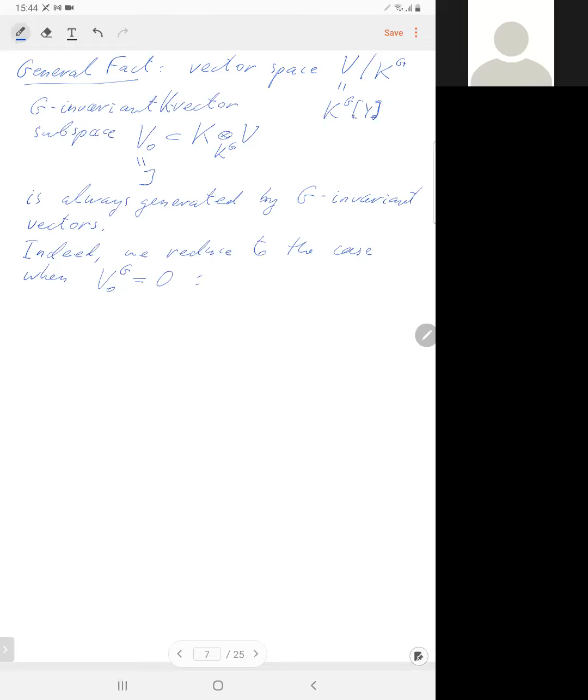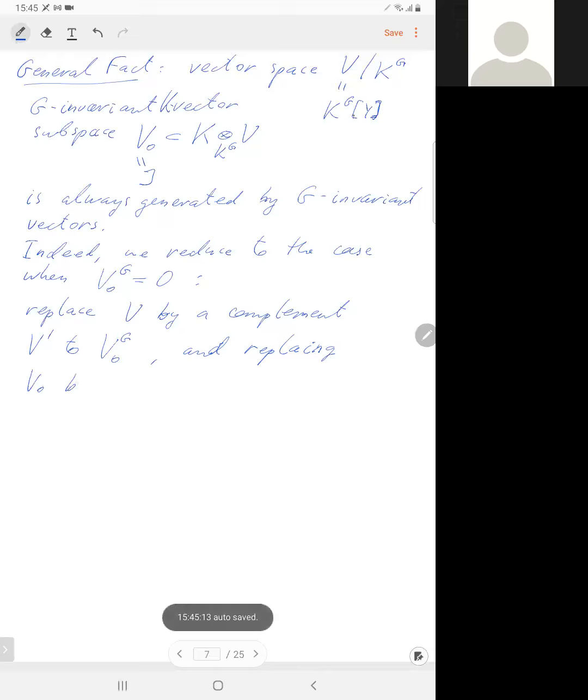Reduce just replacing V by a complement V prime to the invariants, okay, and replacing V naught by the intersection.